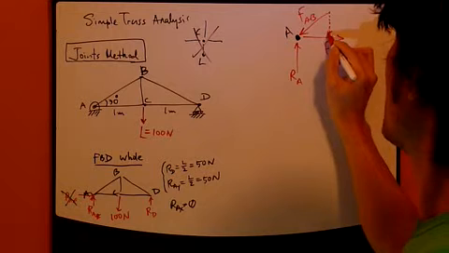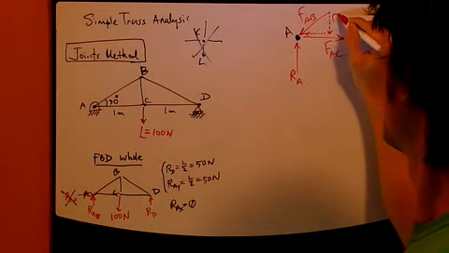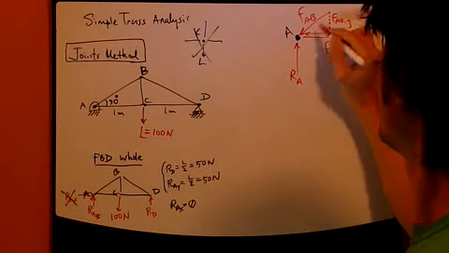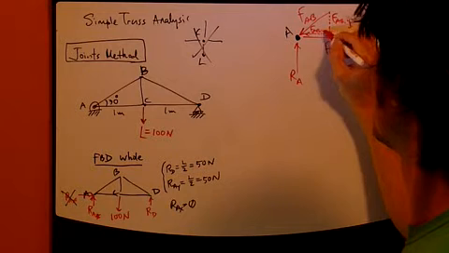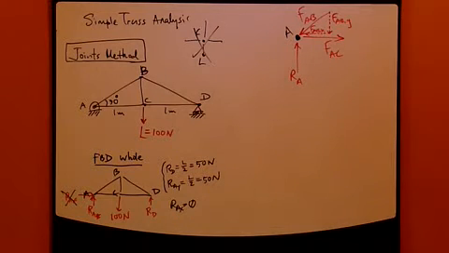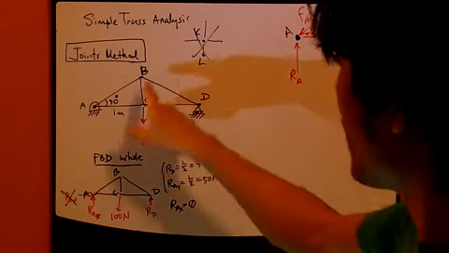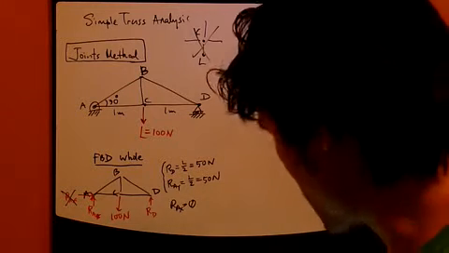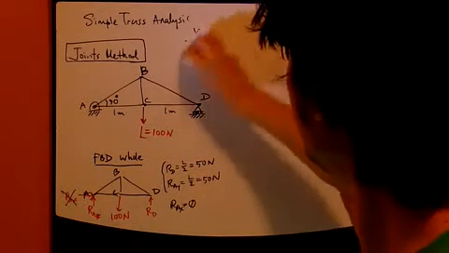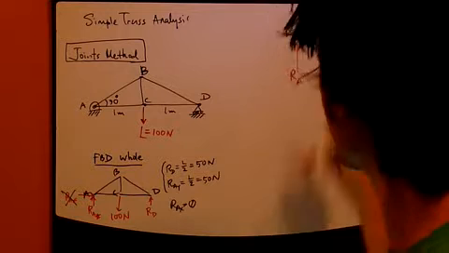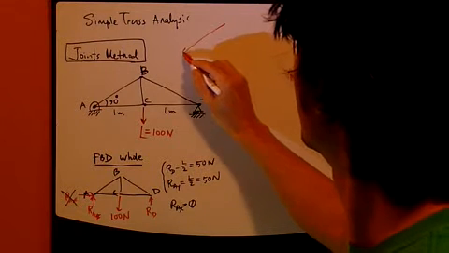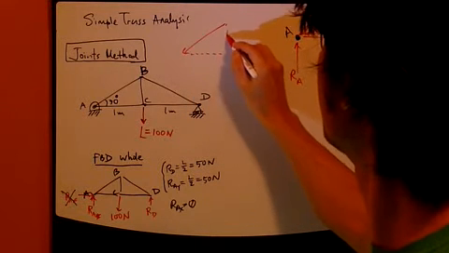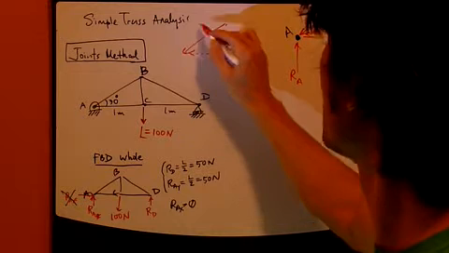Decompose FAB this way: FAB Y, FAB X. Now that I know this angle is 30 degrees, I can look at this special triangle made up of these 3 guys.